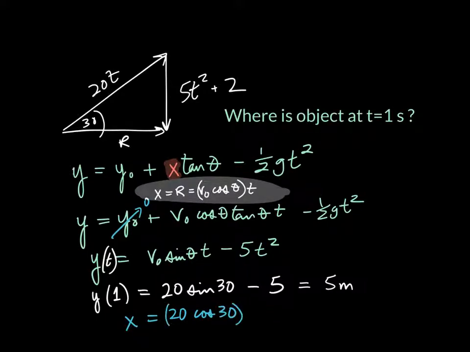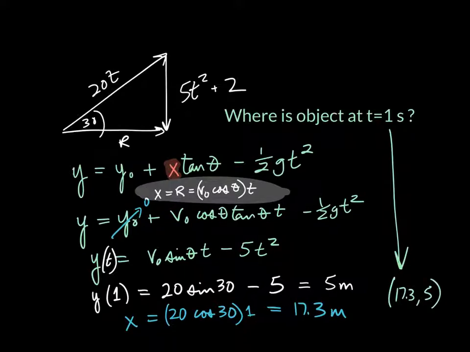I mean, we could put that in there. And that gives us 17.3 meters. So where is the object at 1 second? It would be at a position of 17.3 and 5 meters. So in the Cartesian plane, that's where it's located.